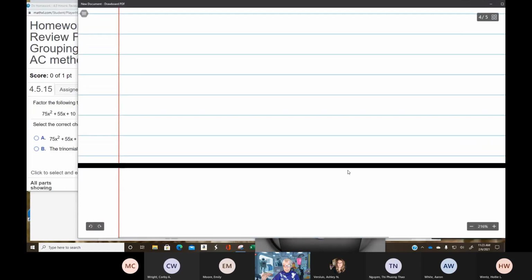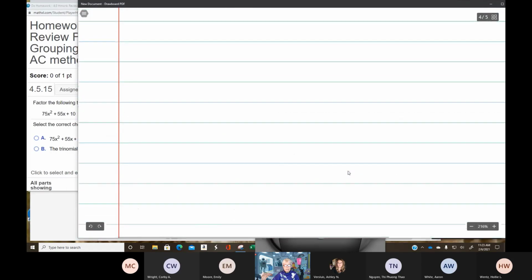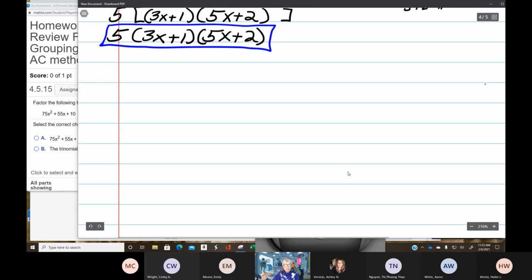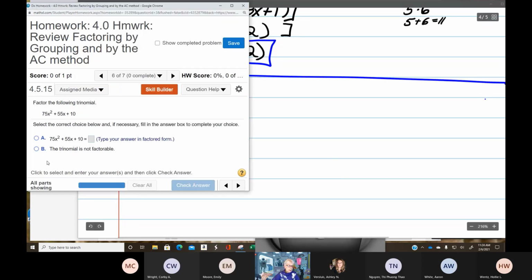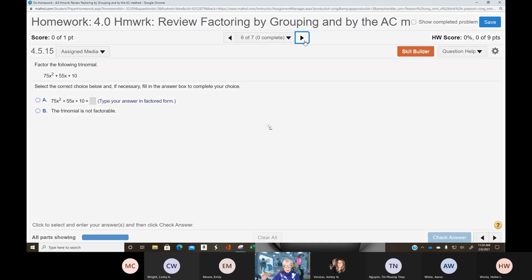Okay, now down on this page is where I put all that difference of squares. So let me draw a line here. The final problem is going to be a U substitution plus AC method problem.